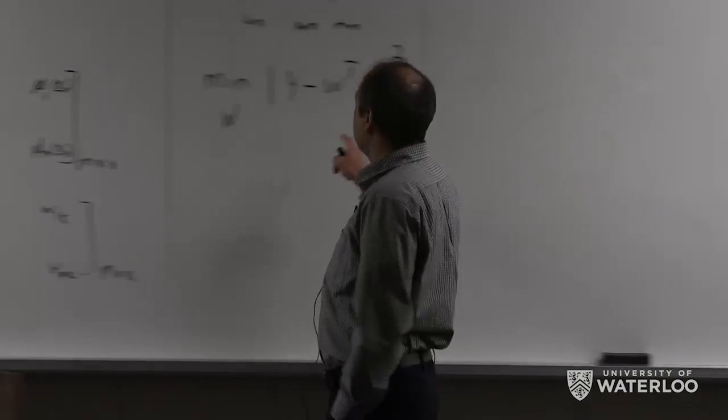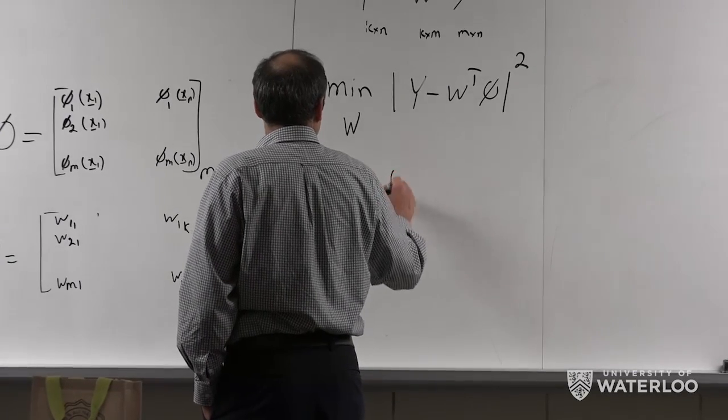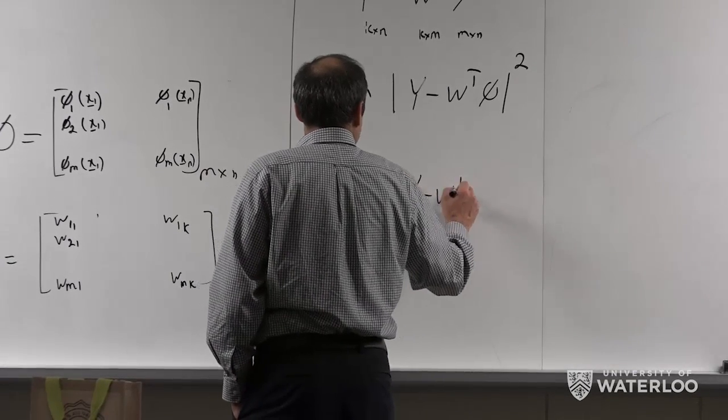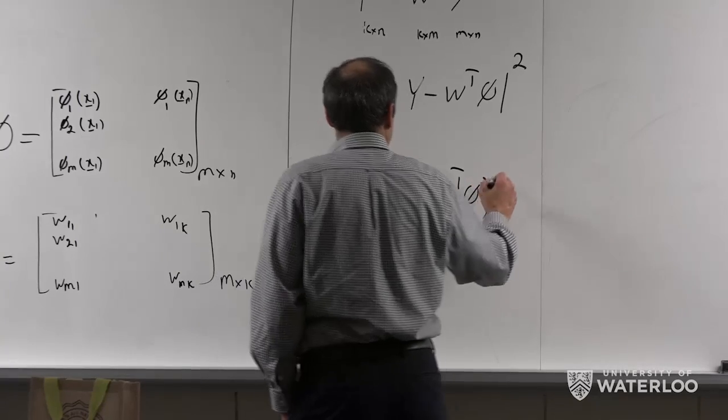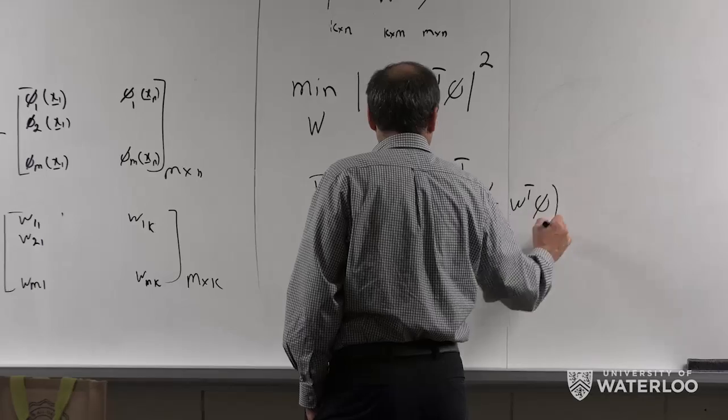So this norm is basically a trace of Y minus W transpose phi, transpose, times Y minus W transpose phi.